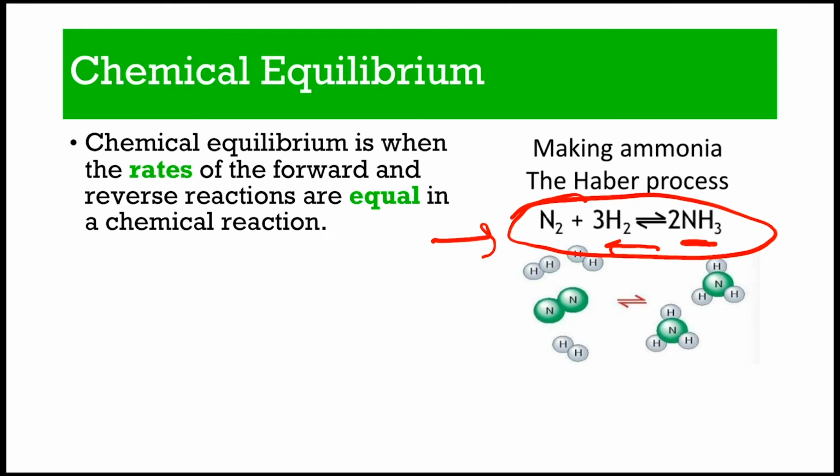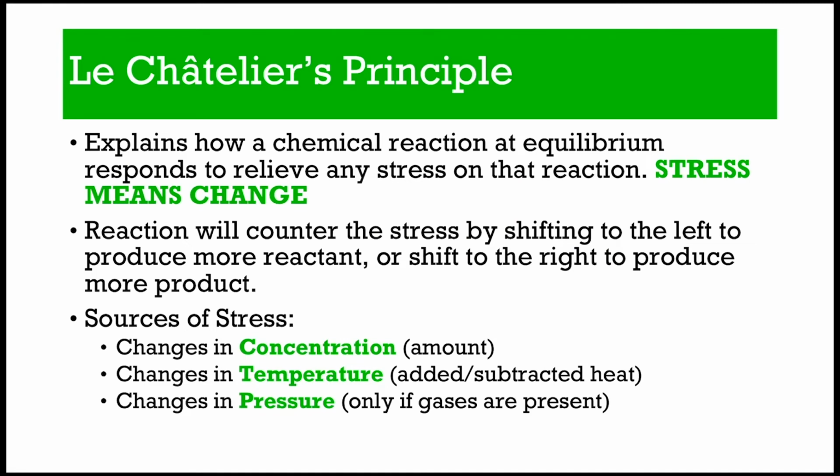Moving forward, there was a Frenchman named Le Chatelier. He was studying these reactions, putting them in different conditions and looking at how it affects them. He studied how reactions at equilibrium change when they are stressed.